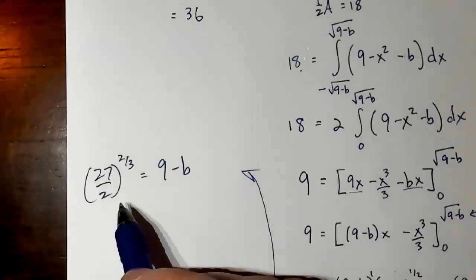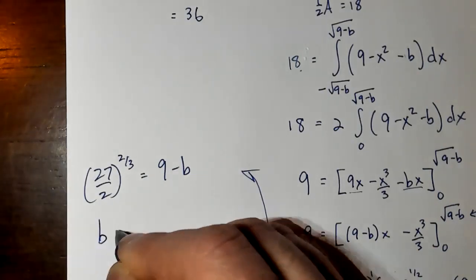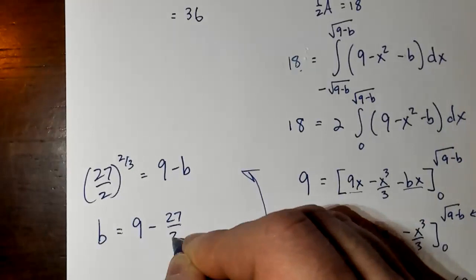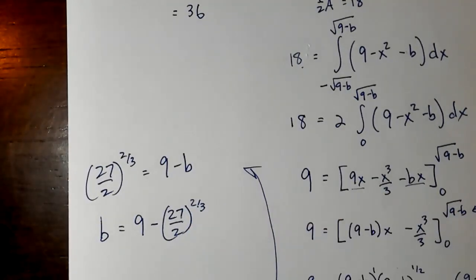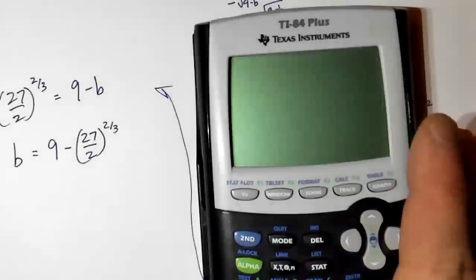So I could add b over and subtract all that. So this is going to be b equals 9 minus 27 halves to the 2/3. I'm going to plug that in my calculator real quick and see what it spits out.